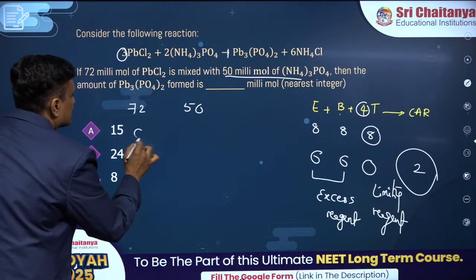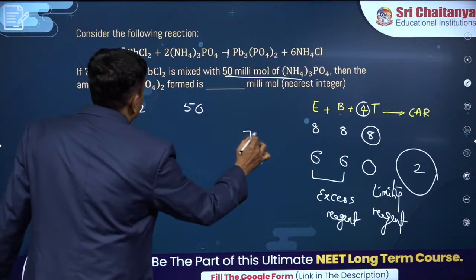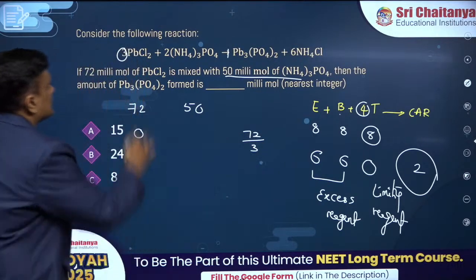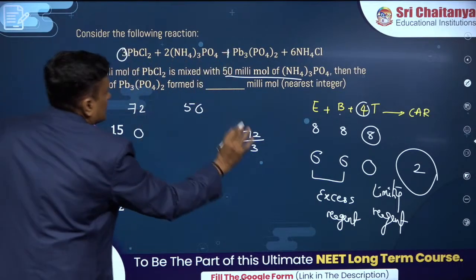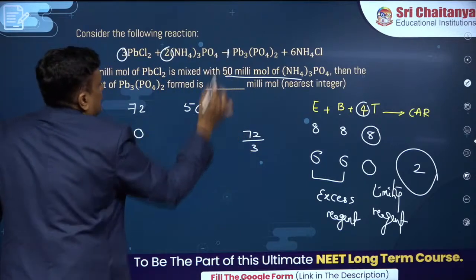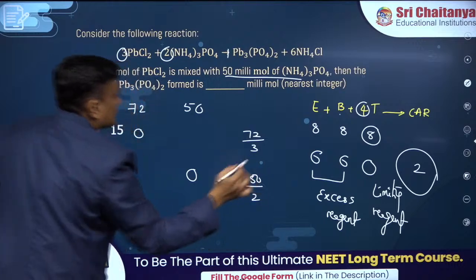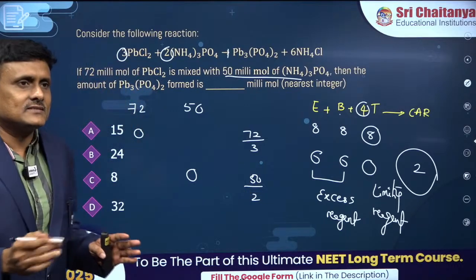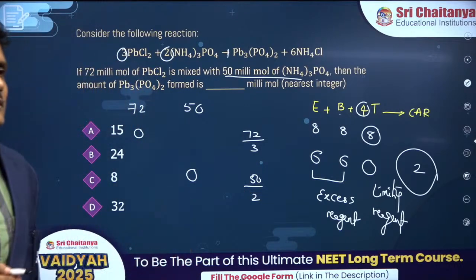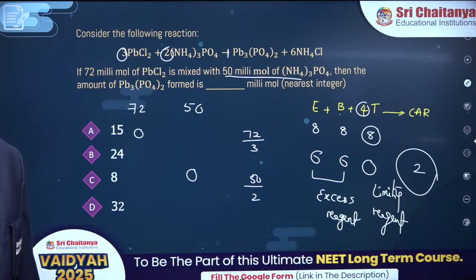If I take this as limiting reagent, I would be getting 72/3. 2:1, if I take this much, 50/2 millimoles. Whichever is less is the answer. You tell me out of these two which one is less.